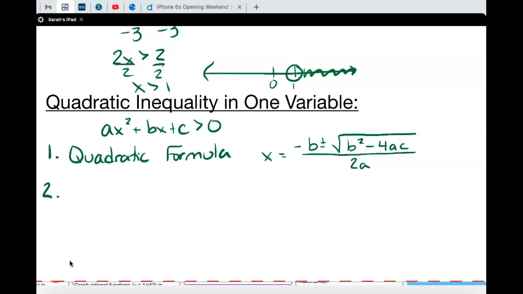Complete the square. So completing the square is the method that sucks. We probably won't ever complete the square if we don't have to. That's finding that c value of b over 2a, or b over 2 squared, I mean.